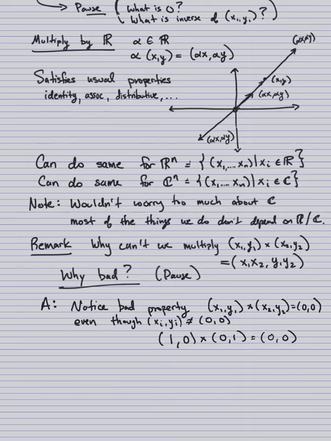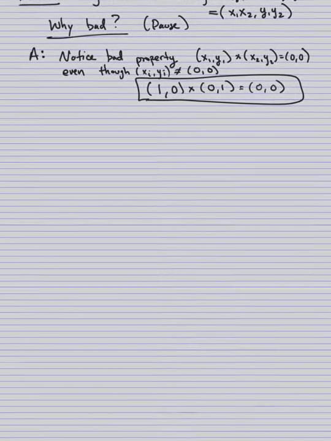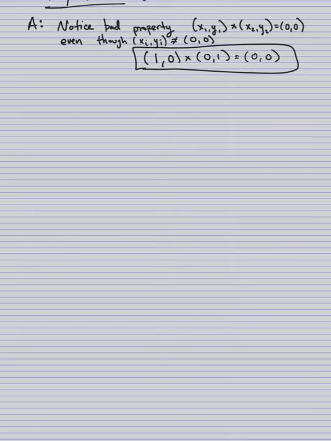This wouldn't happen here. So it's not that you can't do something like this, but it ends up being less useful because of this property. This motivates the definition of a vector space, which I won't give precisely, but is in the book.